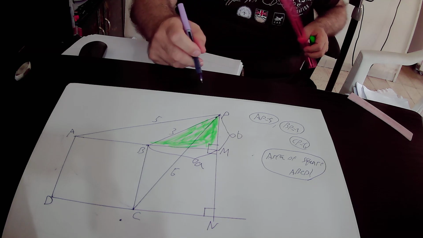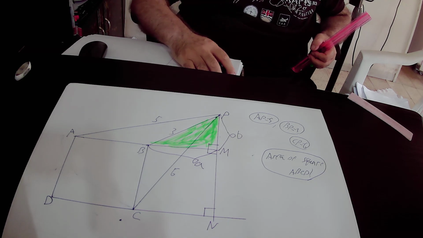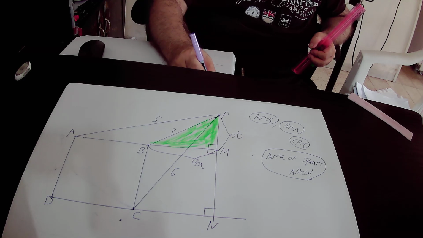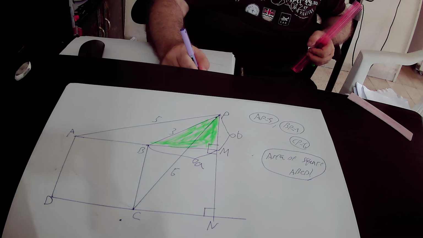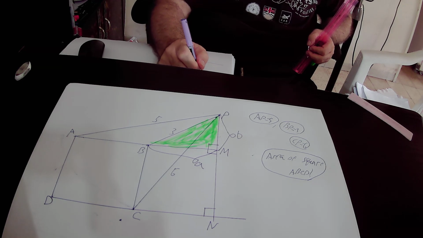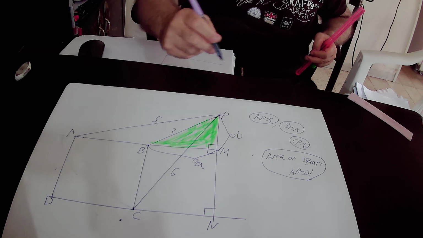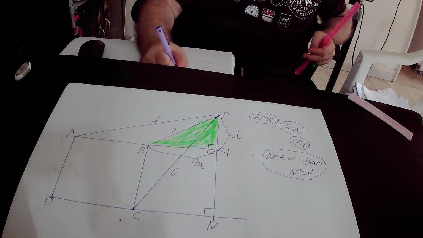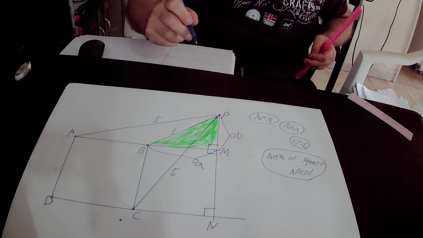The hypotenuse on the given right triangle, triangle PBM, is PB. Therefore, the square of the hypotenuse is PB squared, and it must be equal to PM squared plus BM squared.